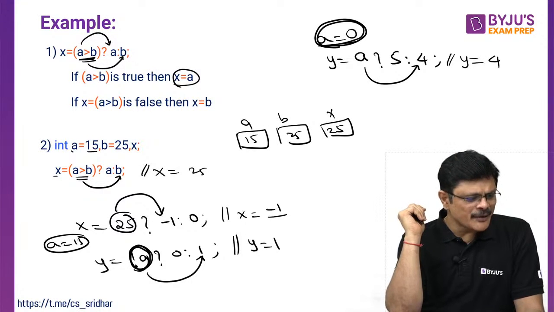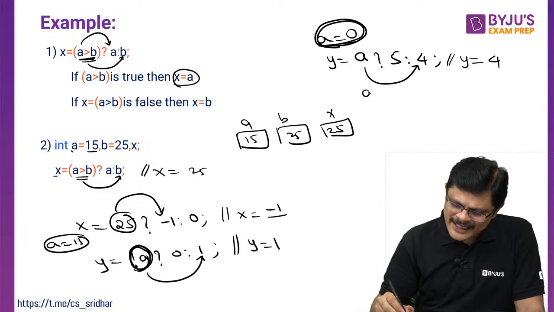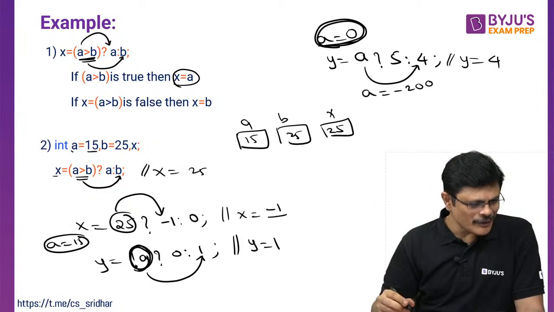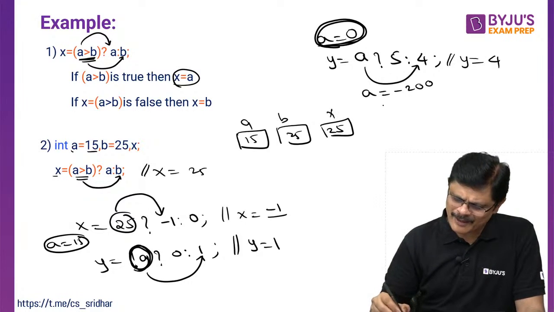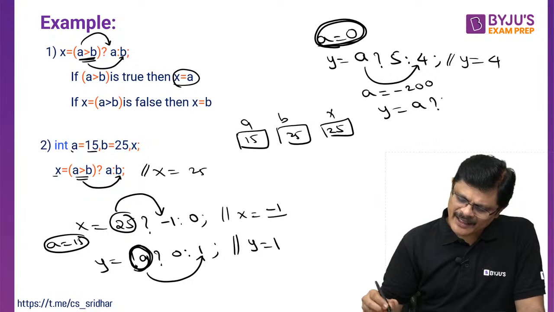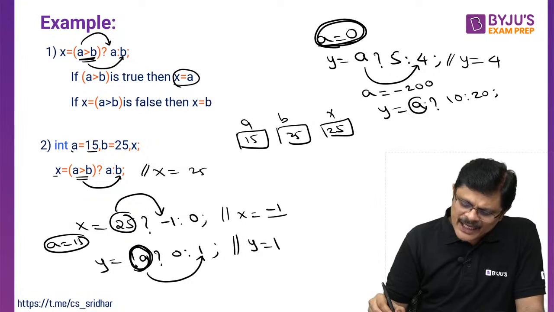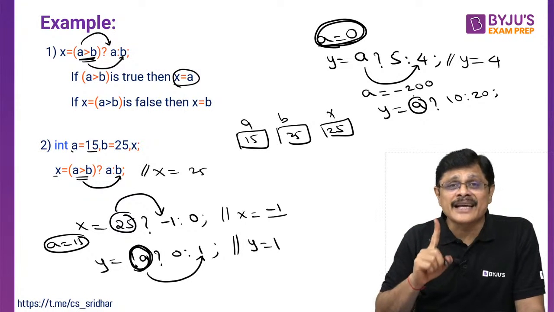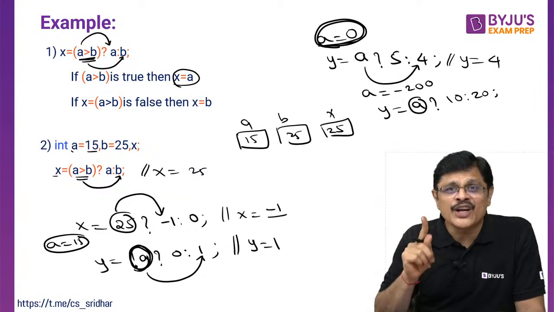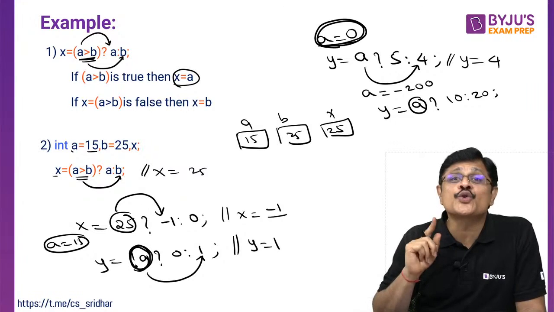If A is negative also, let us say A is minus 200, is that okay? Tanmoji not clear. Let us say y is equal to A, 10, 20. See here, any non-zero is considered as 1. Any non-zero is evaluated as true.